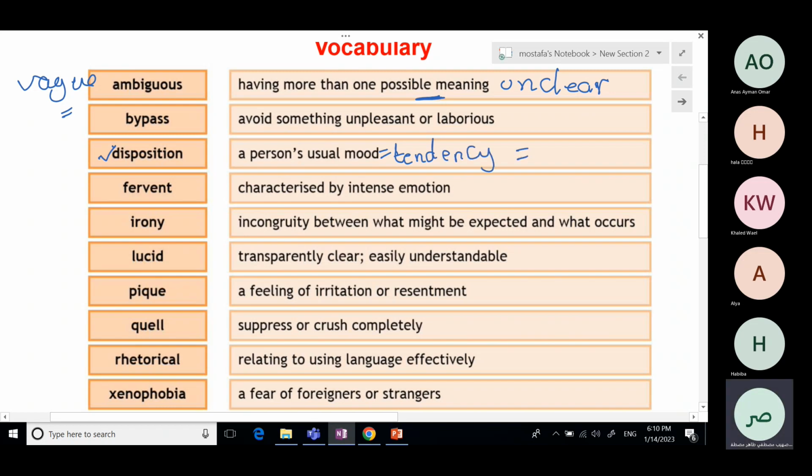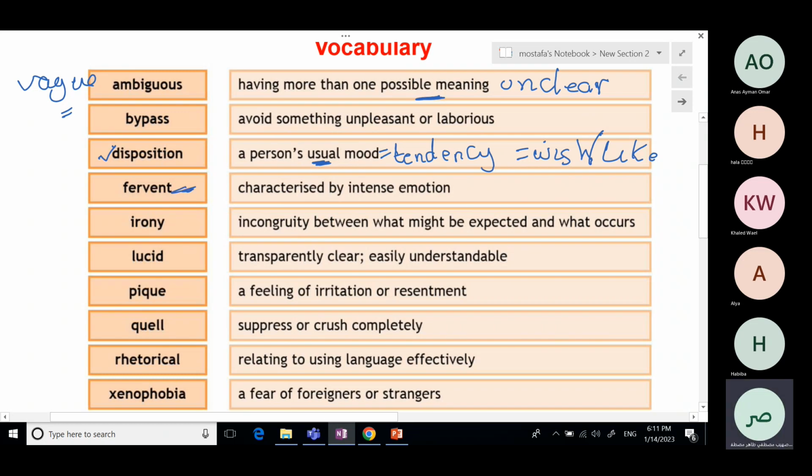What's your tendency towards something? What you wish to do, what you want to do, what you like to do, what you prefer. A person's usual mood, like his nature. So if somebody is always angry, I say anger is his disposition.